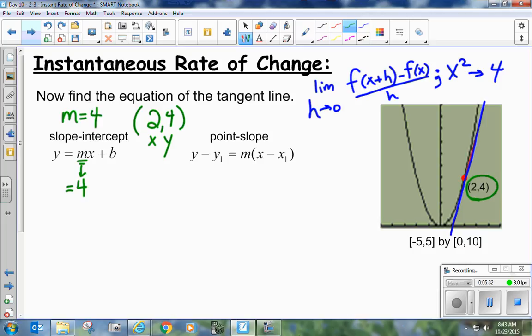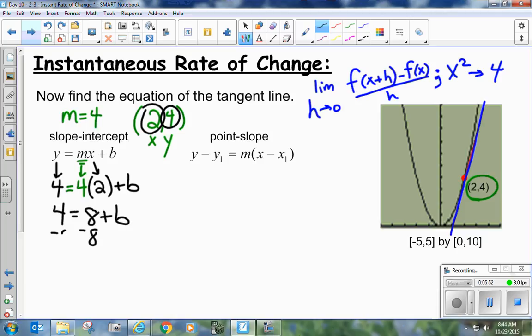So why don't we just plug these in? This is the way we used to do it in 8th, 9th, 10th grade. y is 4, and x is 2, plus b. So we have 4 equals 8 plus b. I subtract 8 from both sides and get negative 4 equals b.